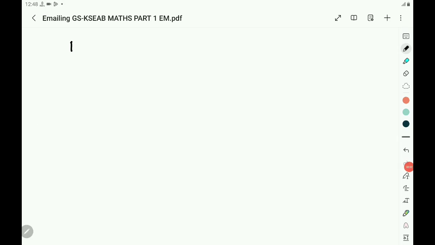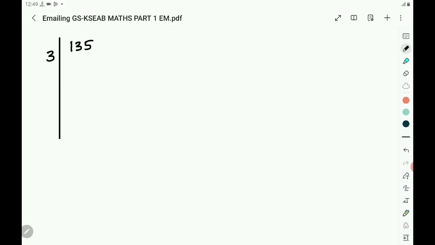Write 135, factorize it. This 135 is not divisible by 2 as the unit digit is 5. Now you try 3. 5 plus 3, 8, 8 plus 1, 9. 9 is in the table of 3, therefore 135 is also in the table of 3, means it is divisible by 3.